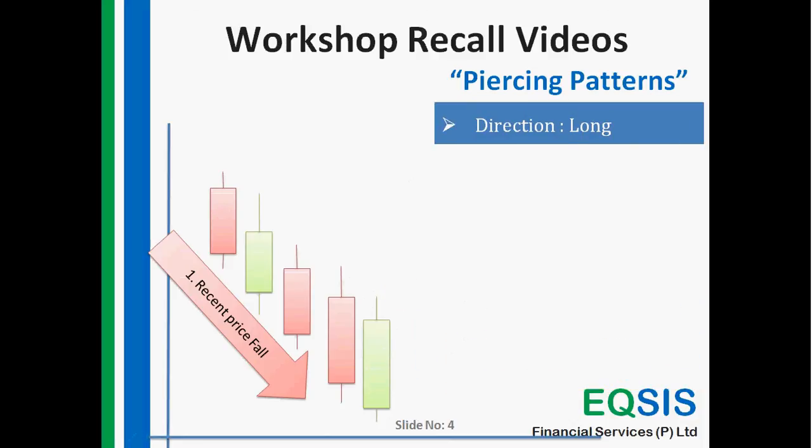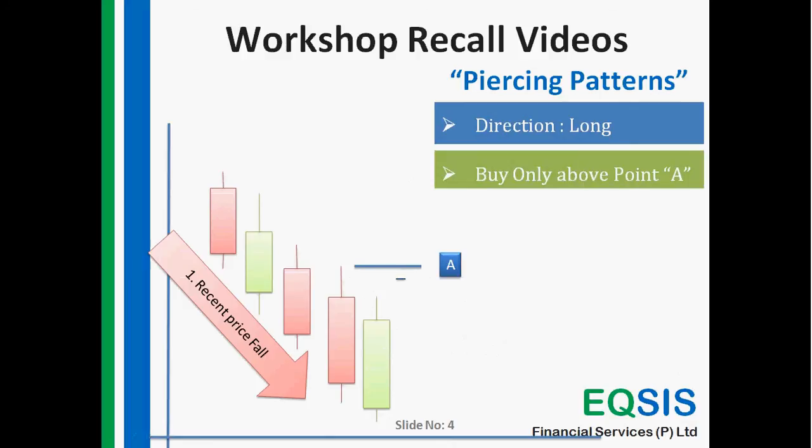A trend reversal is expected because there's a sign of buying from the bottom, and we expect the price to go up. It means we can buy the stock if the price goes above the highest of the last 2 days, the most recent price action and the prior day.